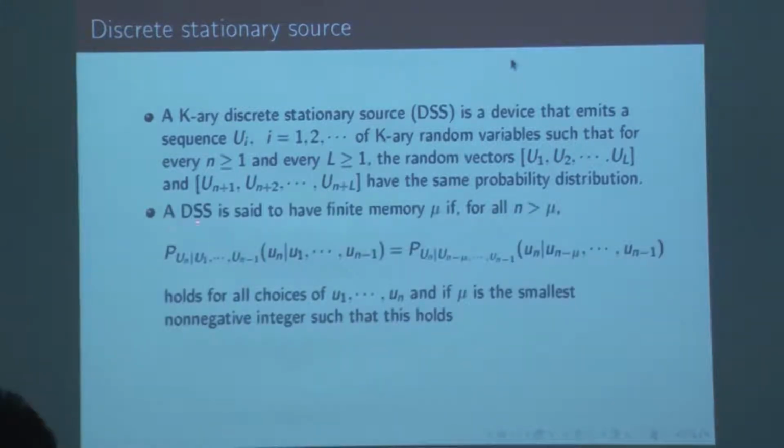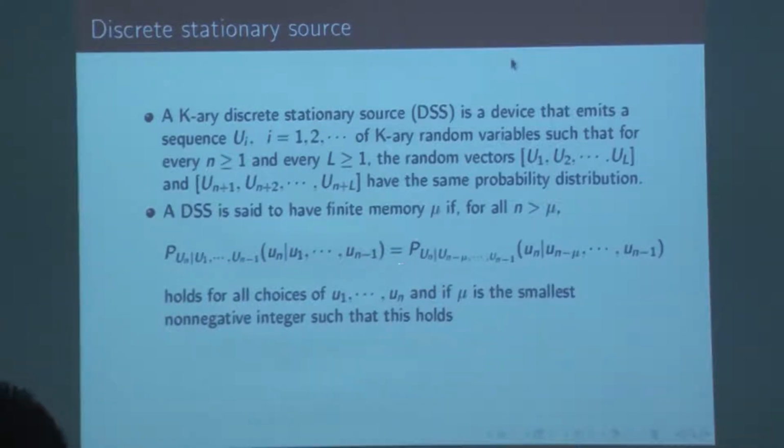Now, we say a discrete stationary source has a finite memory mu if for all n greater than mu this condition applies: the probability of U_n given U_1, U_2, U_3, ..., U_{n-1} depends only on the past mu values.